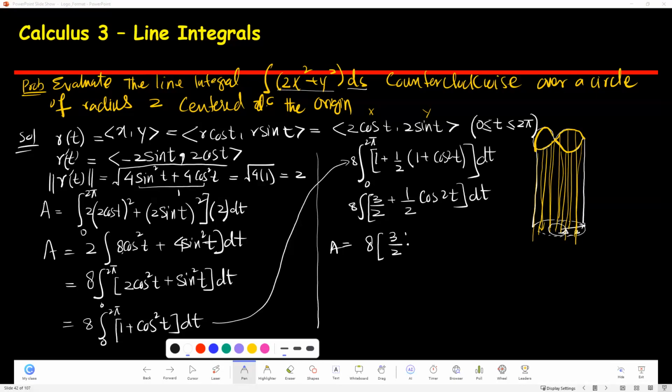3 over 2 t plus 1 over 4 sine 2t, from 0 to 2 pi.